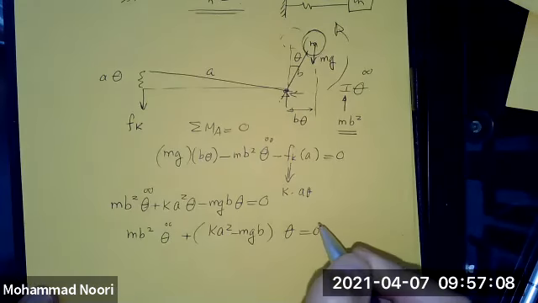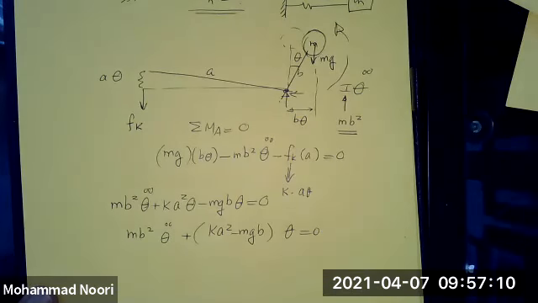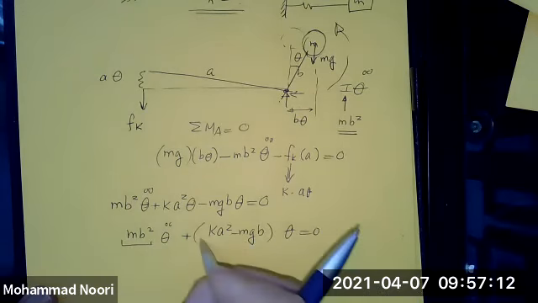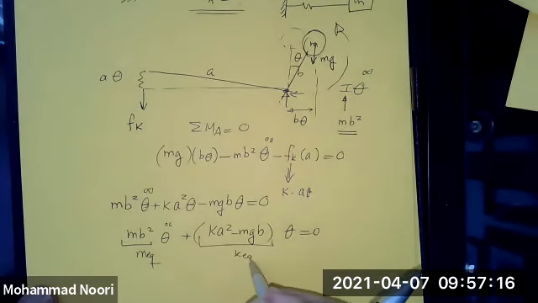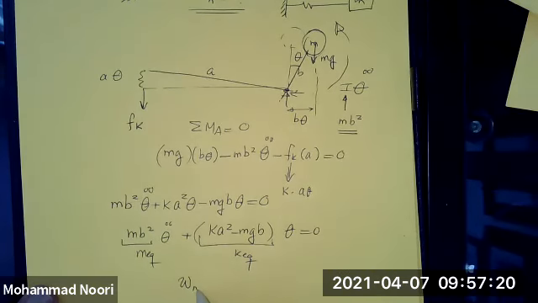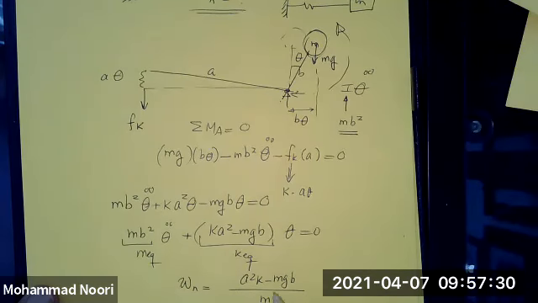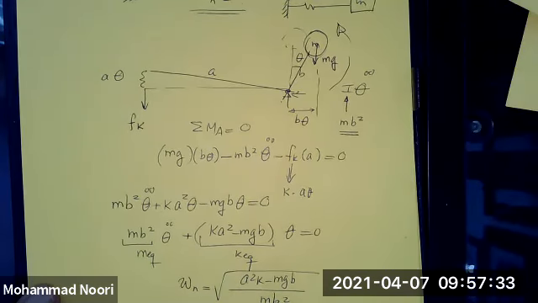Again, look at this. This is m equivalent. This is k equivalent. So if you want to find the natural frequency, it would be simply the square root of (a squared k minus m g b) divided by m b squared.